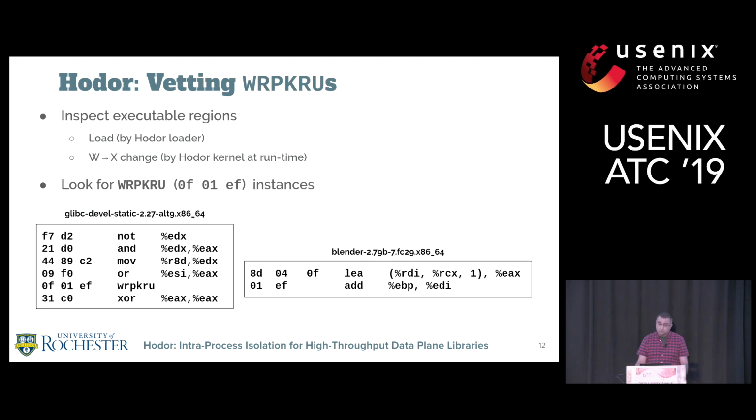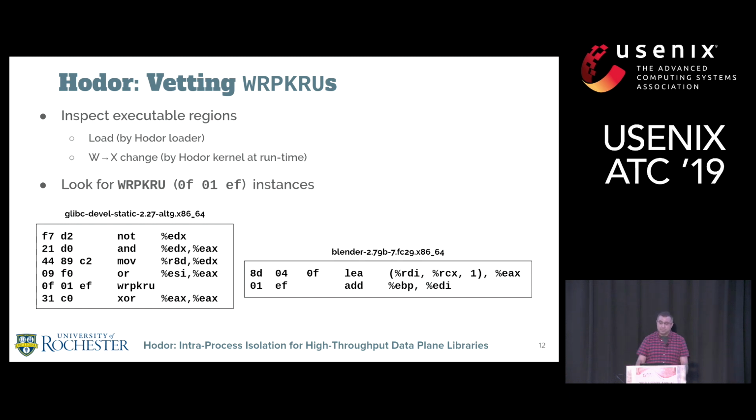Okay, in order to ensure the application can never grant itself rights that have not been intended by Hodor, we have to ensure any write PKRU instruction outside of the trampoline that we craft and insert, and that we guarantee cannot be used in a malicious way, is vetted. To this end, Hodor inspects all executable pages at load time, or whenever during the course of execution they become executable, looking for the byte sequence that can be used to execute the write PKRU instruction.